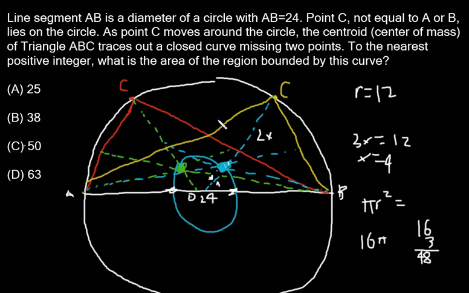In other words, the area of the region bounded by this curve, to the nearest positive integer, is 50. And there we go, that's how we solve this problem.